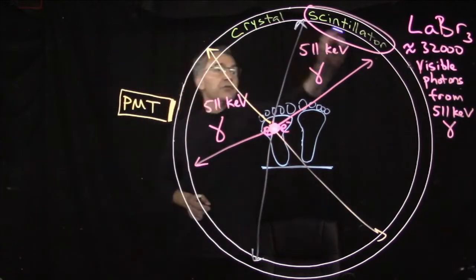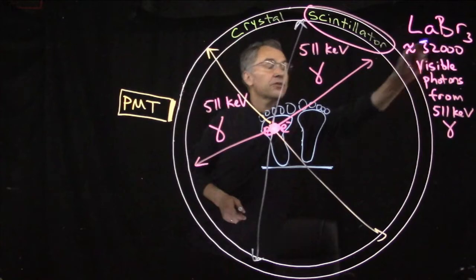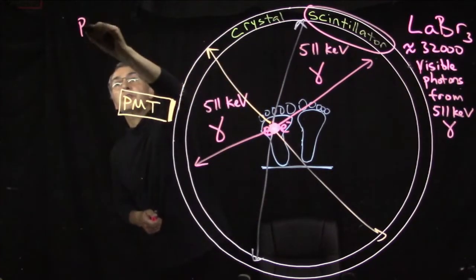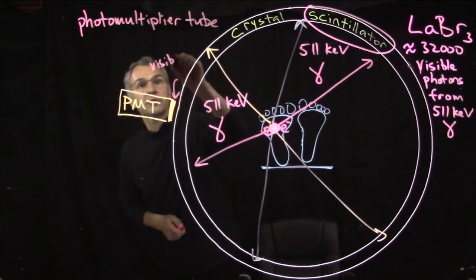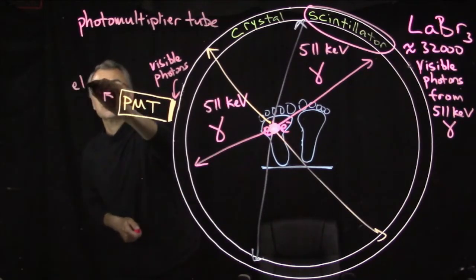So for this scintillator, an X-ray photon went in and tens of thousands of visible photons came out. For this photomultiplier tube, its input is visible light, small numbers of visible photons, and its output is an electric signal, so a small electric current.